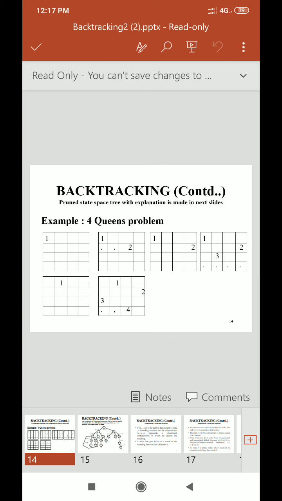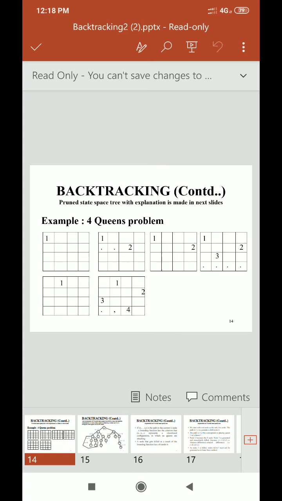Okay, so here if you have the first queen and you place it at the first cell, that means the 0 0 cell, or in mathematics you can say the cell 1 1. For the sake of simplicity, the first cell will be denoted by 1 1, not like the 2D array of C programming, but mathematically. So at the place 1 1 in the first row, we are putting the first queen.